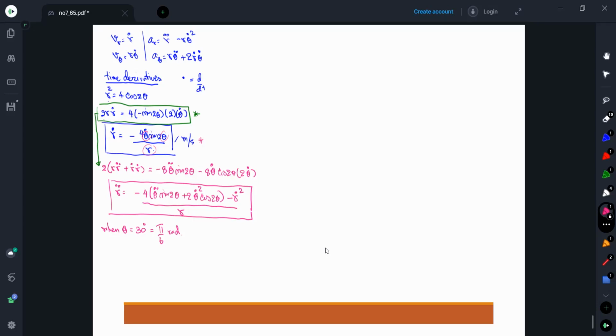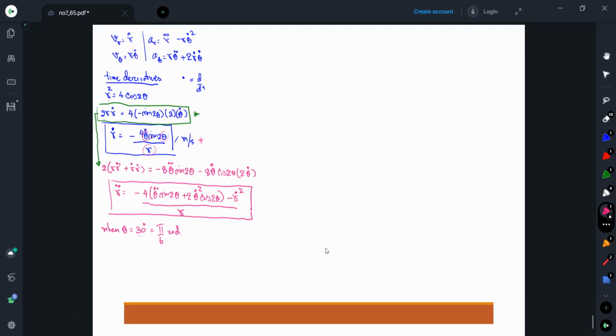Do not leave it in degrees. You will see that we have theta dot and theta multiplied with our terms, so we should convert the angle to radians first. And do not forget to convert your calculator also.